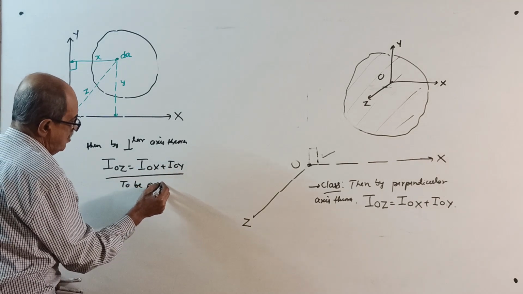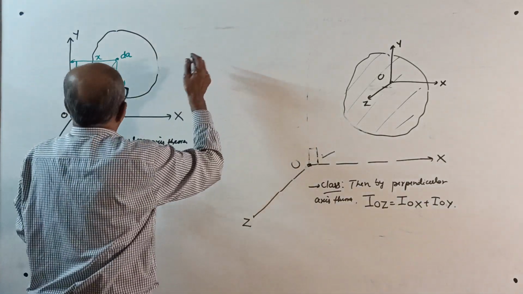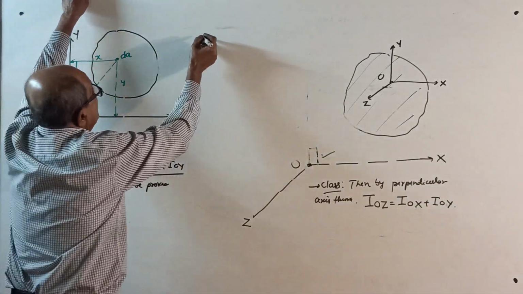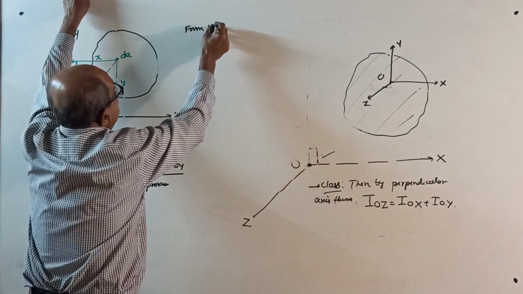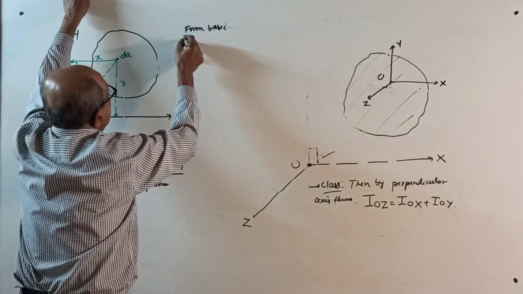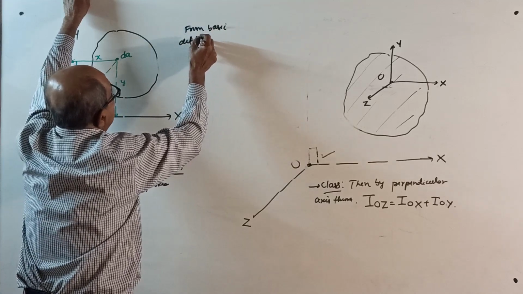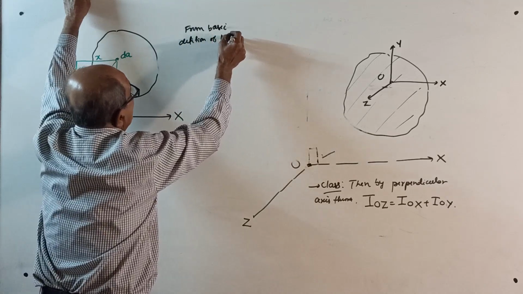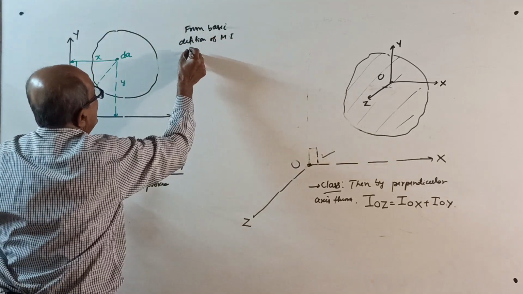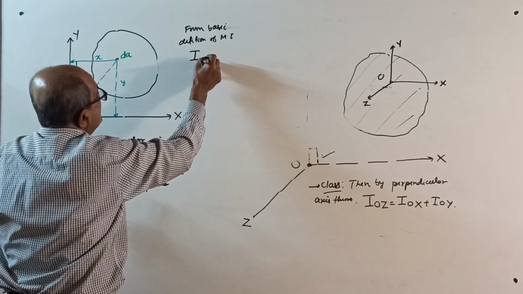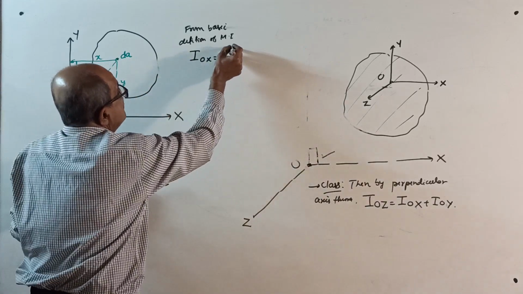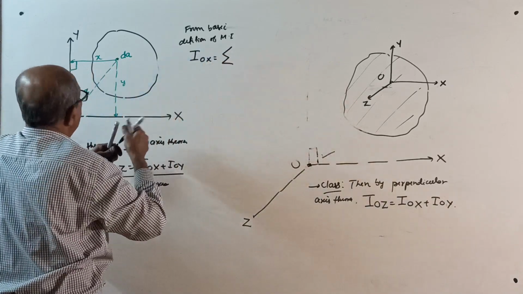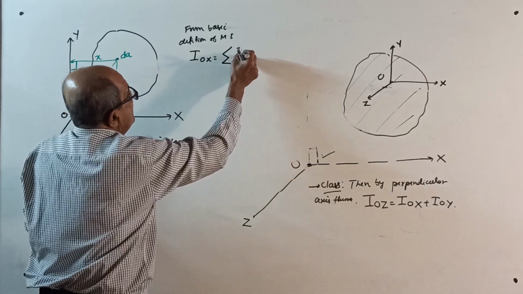We'll prove it now. From the basic definition of moment of inertia, I about OX equals sigma of dA into y square.